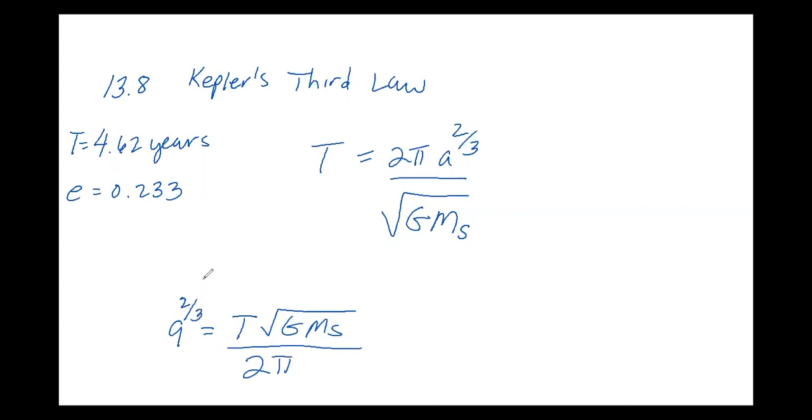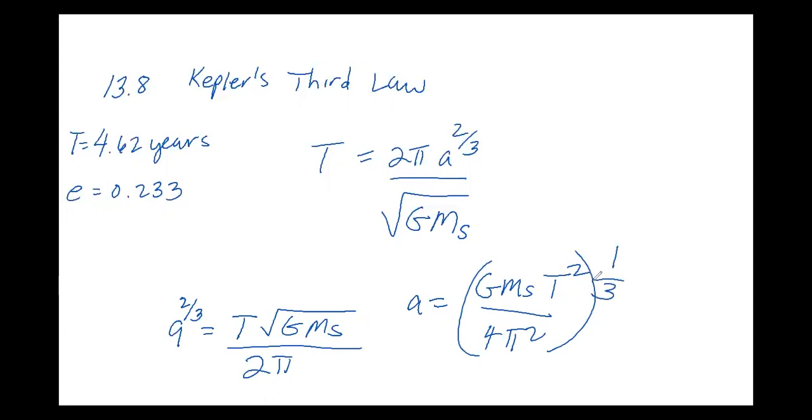So I'm going to take everything to the power of 2/3 and I get A equals G mass of the sun times T squared divided by 4 pi squared, and that's all to the power of 1/3. And so that length is going to be 4.15 times 10 to the 11th meters. And that's directly from equation 13.17, Kepler's third law.